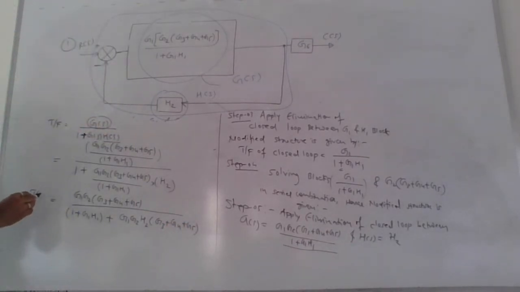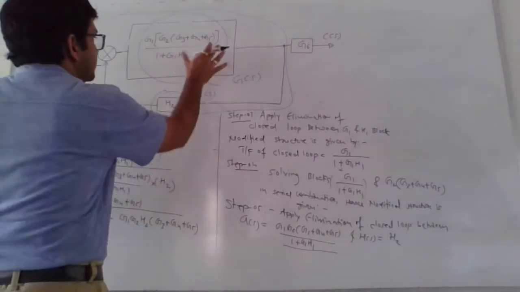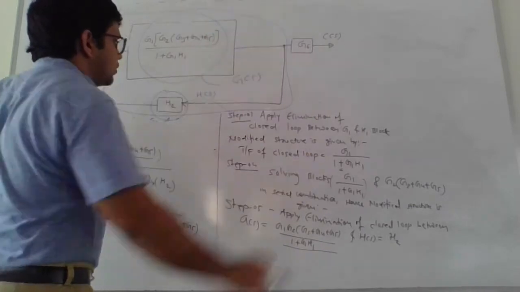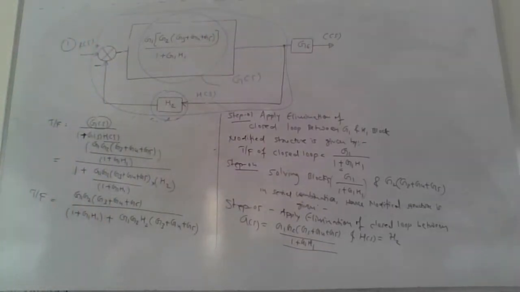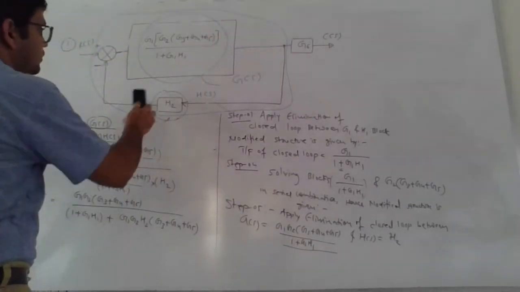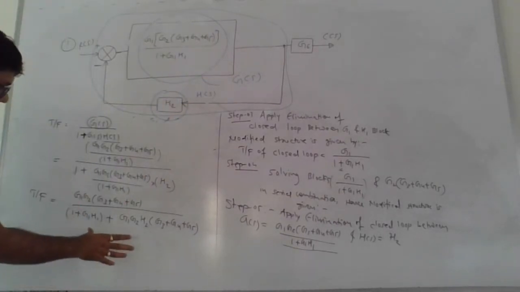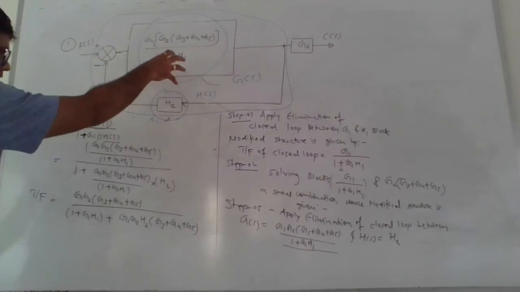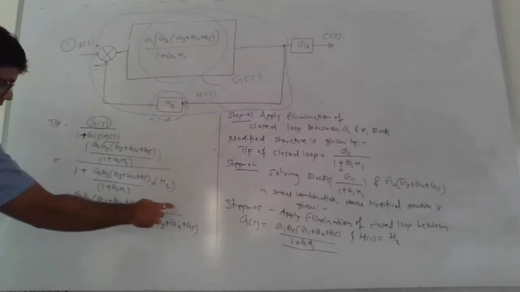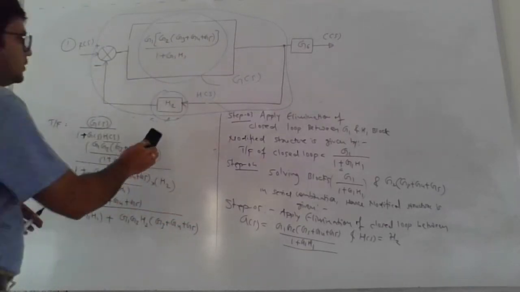So this indicates the transfer function of the gain of a block which we need to replace by this closed loop combination. So now what we need to do is replace this particular system by a block of gain exactly equal to this value.